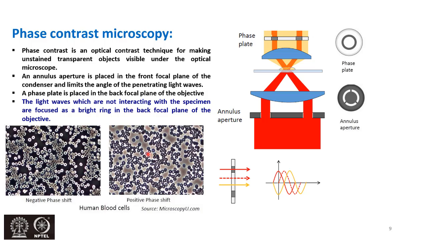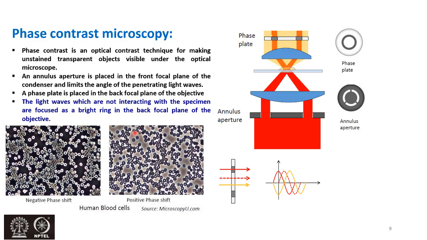So the annulus aperture is placed in the front focal plane of the condenser and limits the angle of penetrating light waves. So here the angle is changing basically, and a phase plate is placed in the back focal plane of the objective. Here, as you can see, the light waves which are not interacting with the specimen are focused as a bright red.